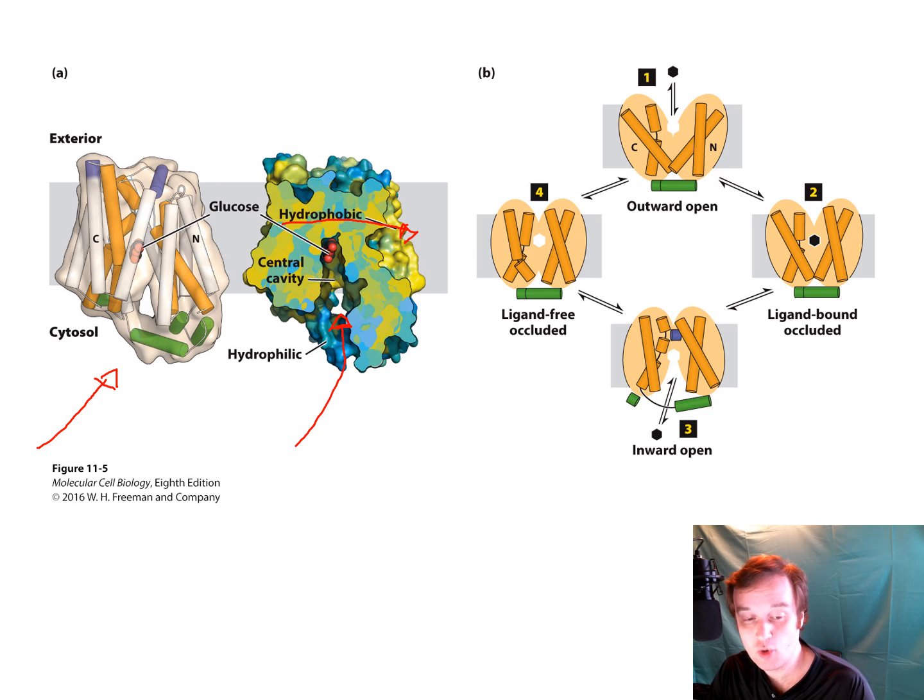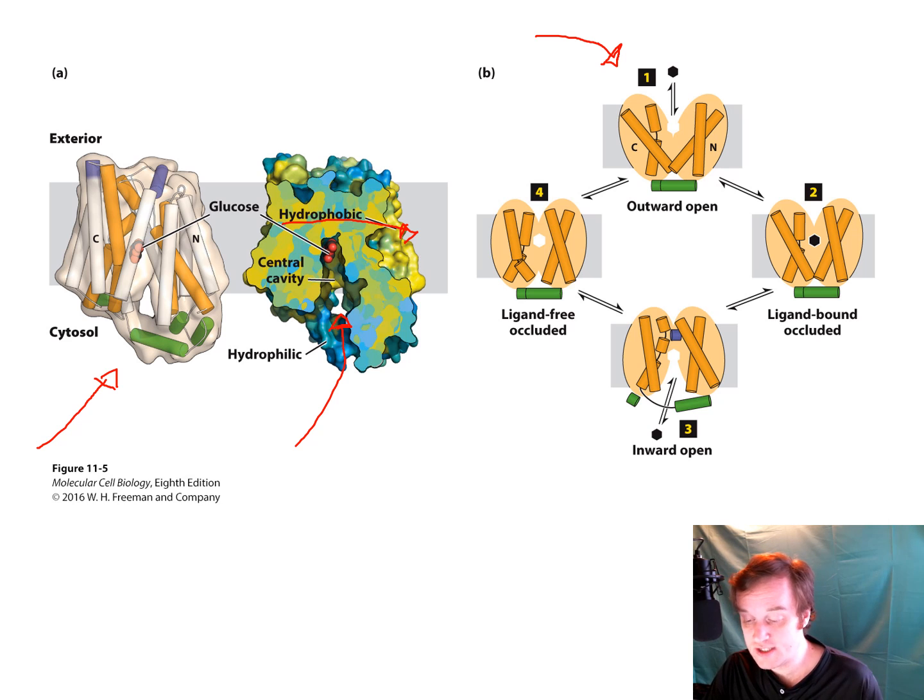So the outward open conformation in step 1 here binds to glucose, and it depends on the concentration of glucose. If it's a very low concentration, there's not as much of an affinity for it to bind.